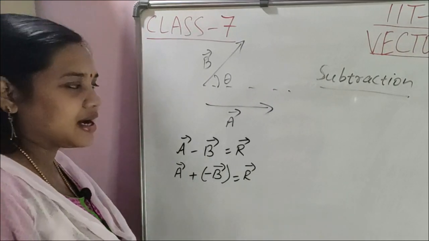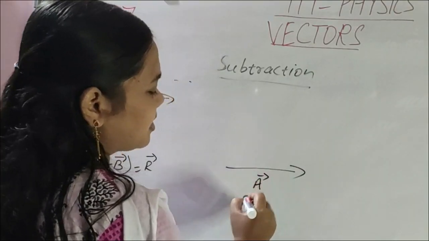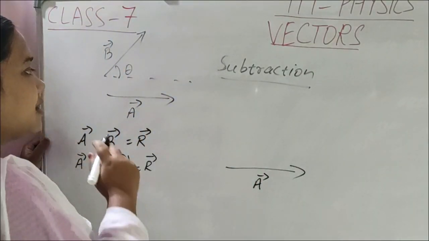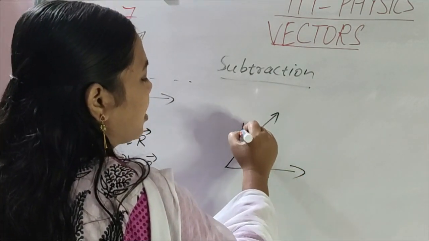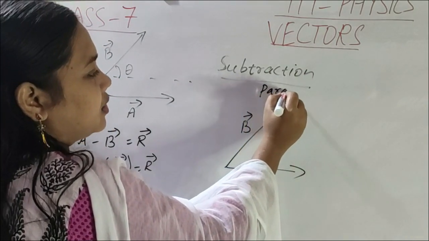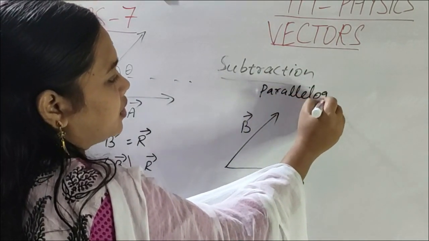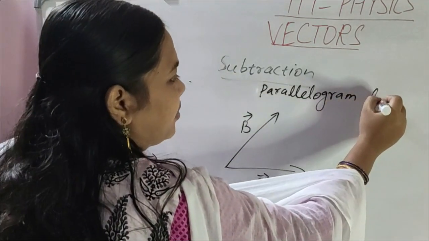Okay, so now start. See, this is vector A. Next, vector B. What we are doing is applying the parallelogram law of addition here.